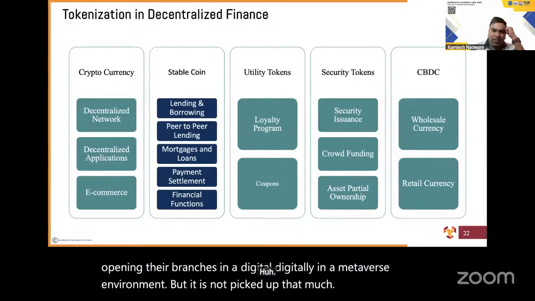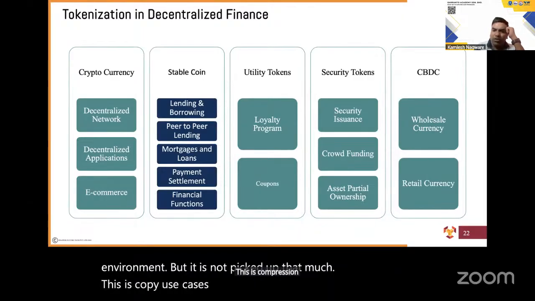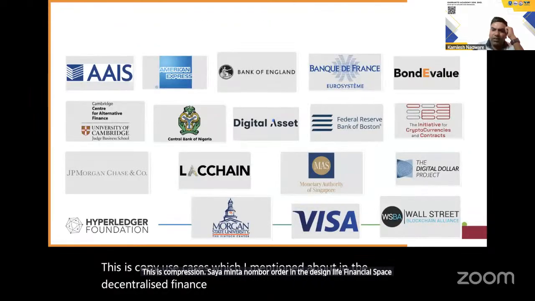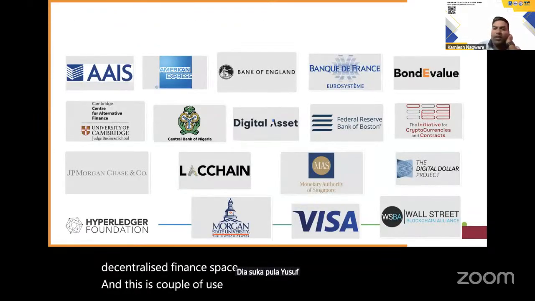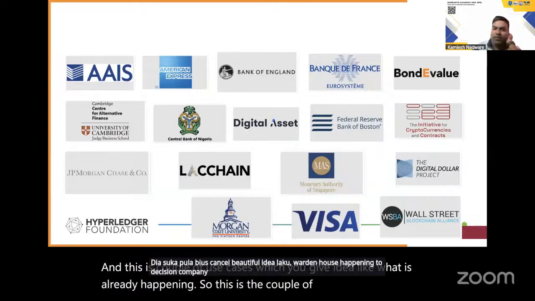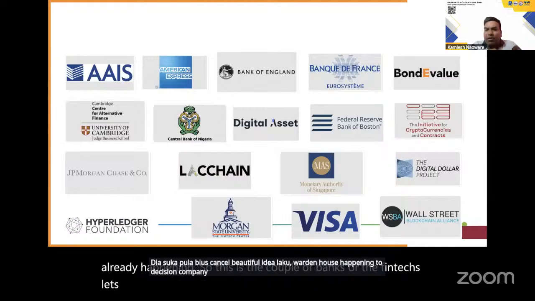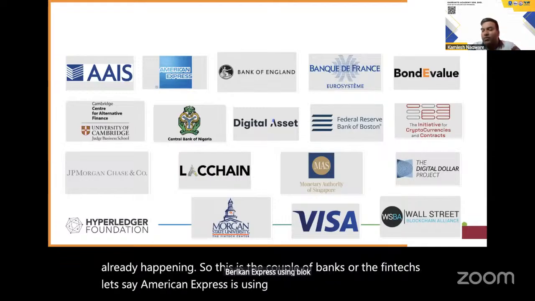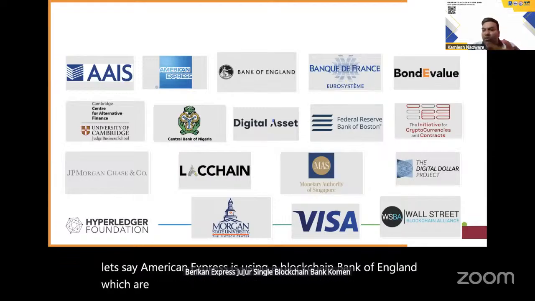These are use cases I mentioned in the decentralized finance space. And these are a couple of use cases which give you an idea of what is already happening. These are a couple of banks or fintechs. Let's say American Express is using a blockchain. Bank of England, which is having a CBDC. Bank of France.